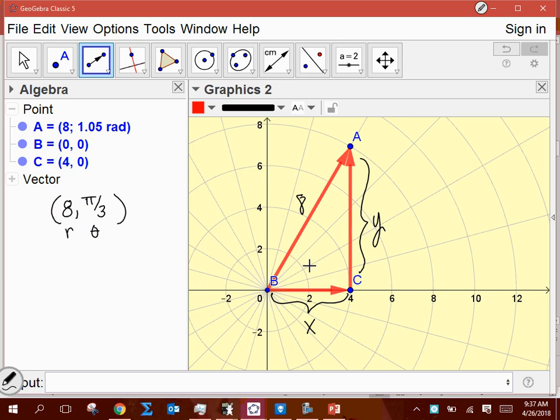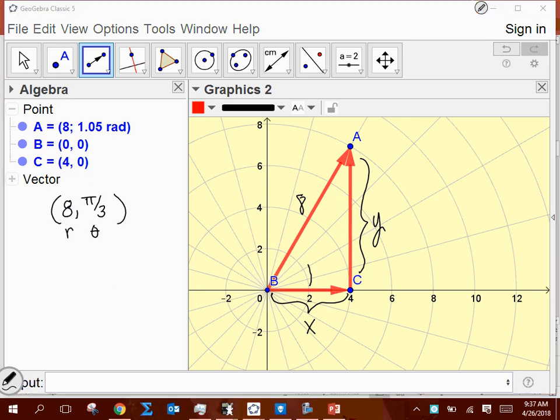Okay. Do we know that theta? What is that theta? It's pi over 3, isn't it? Okay. So, Katoa, how do I find X? Cosine.